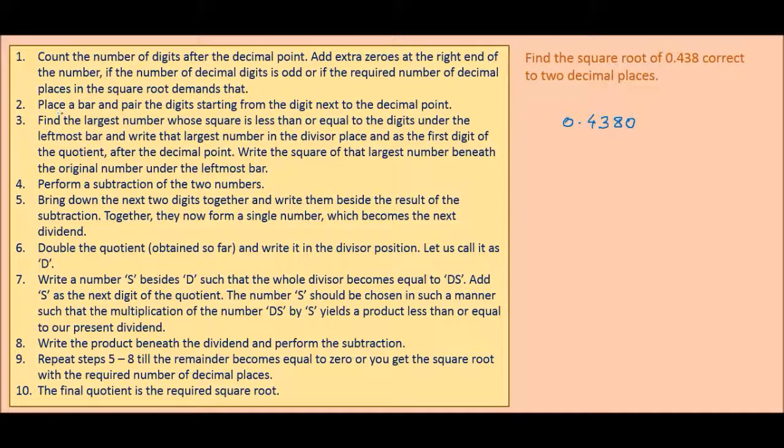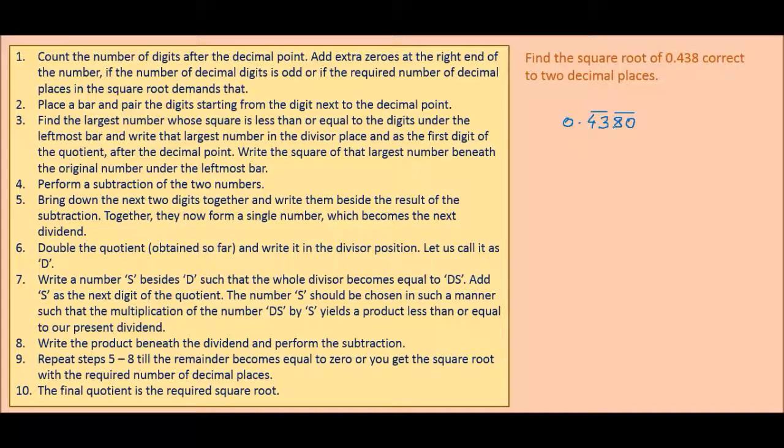Rule number 2 says, place a bar and pair the digits starting from the digit next to the decimal point. Therefore, we will be pairing these 2 and these 2. Rule number 3: find the largest number whose square is less than or equal to the digits under the leftmost bar.